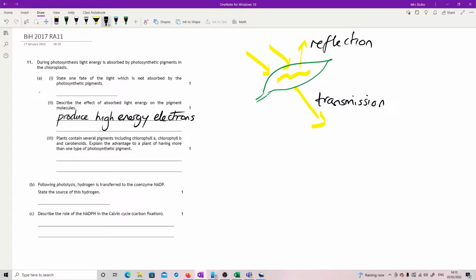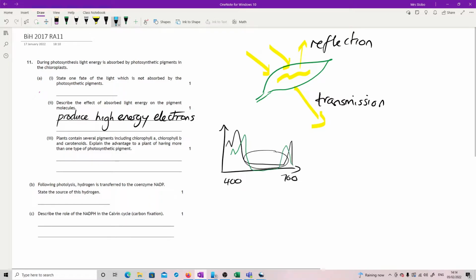Plants contain several pigments including chlorophyll A, chlorophyll B and carotenoids. Explain the advantage to a plant of having more than one type of photosynthetic pigment. So this is the idea that if this was your absorption from 400 to 700 nanometers, and we take chlorophyll A, which has a pattern something like that, then all of this chunk here is not being absorbed particularly well. If I bring in chlorophyll B, which has an absorption similar to A but not quite in the same places, and then carotenoids as well, then I have absorptions into here.